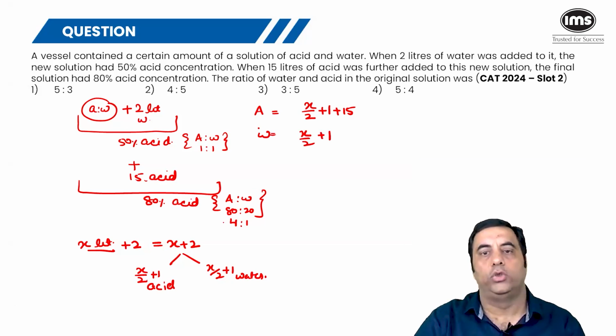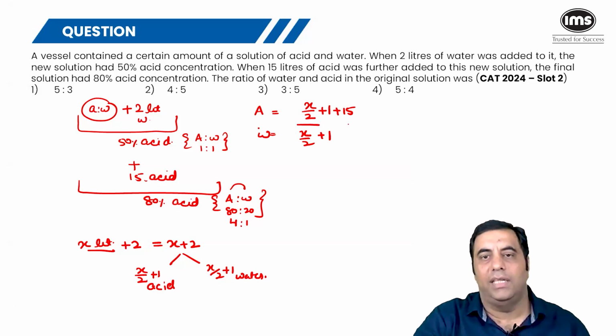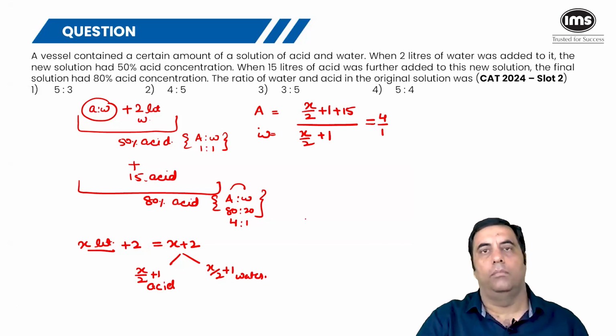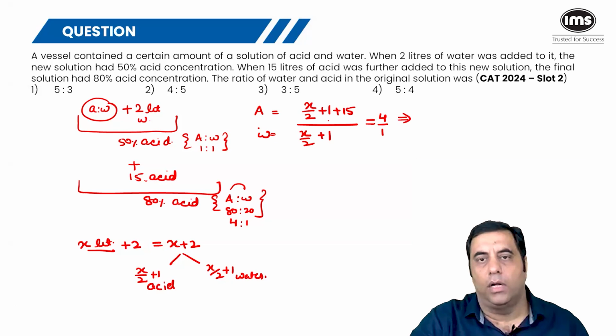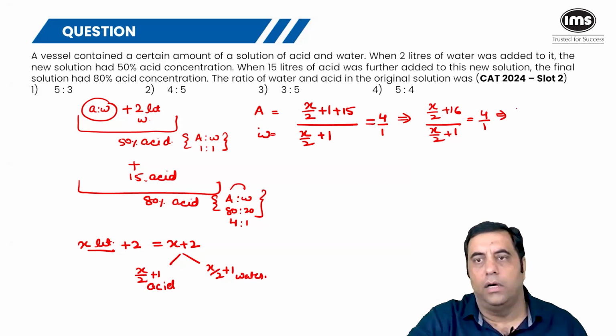And I know now the ratio of acid to water is 4:1. So if I take that ratio, this is equal to 4/1 because 80% is that. So if we simplify that, it will come out to be X by 2 plus 16 upon X by 2 plus 1 is equal to 4/1, which further can be rewritten as X plus 32 upon X plus 2 is equal to 4/1.